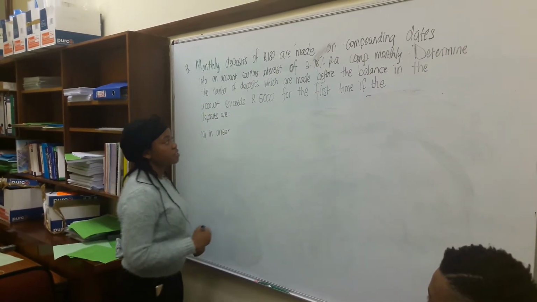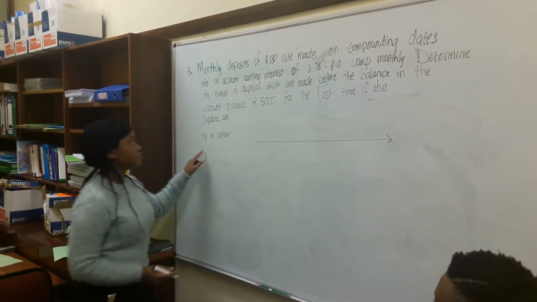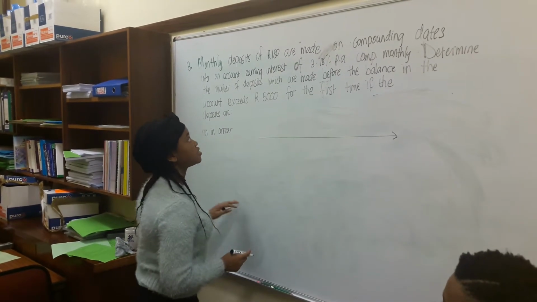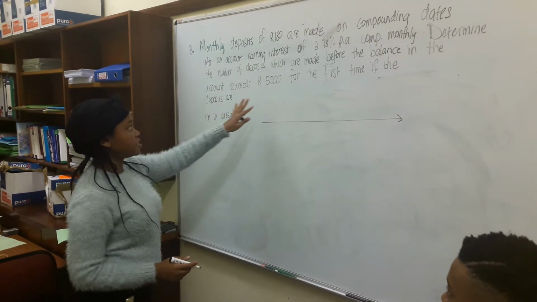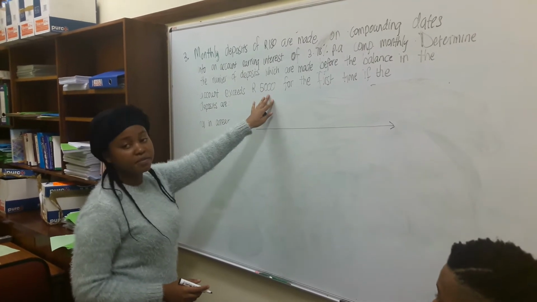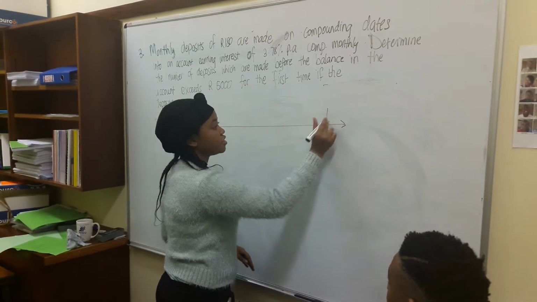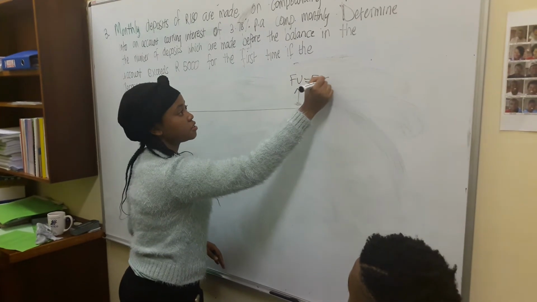Firstly we're gonna draw the timeline, and the question asks us to find it in arrears. This question talks about the balance in the account before it exceeds 5,000. We're gonna assume that 5,000 is our future value. So on our timeline, our future value is equal to 5,000.